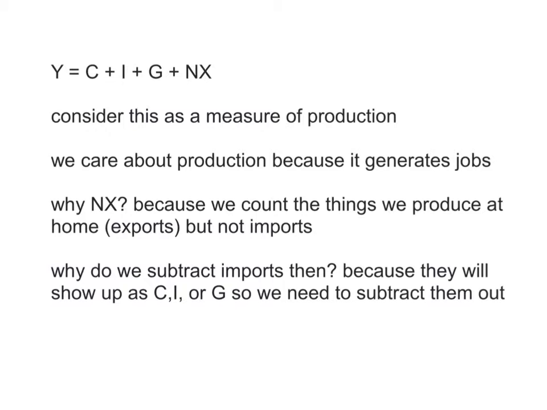But we don't want that bit of consumption to count because we imported the car. We didn't produce the car at home. So we need to subtract it off somewhere, and the place we subtract off the imported good or service is in this NX element. That's the summary of why we measure exports minus imports.